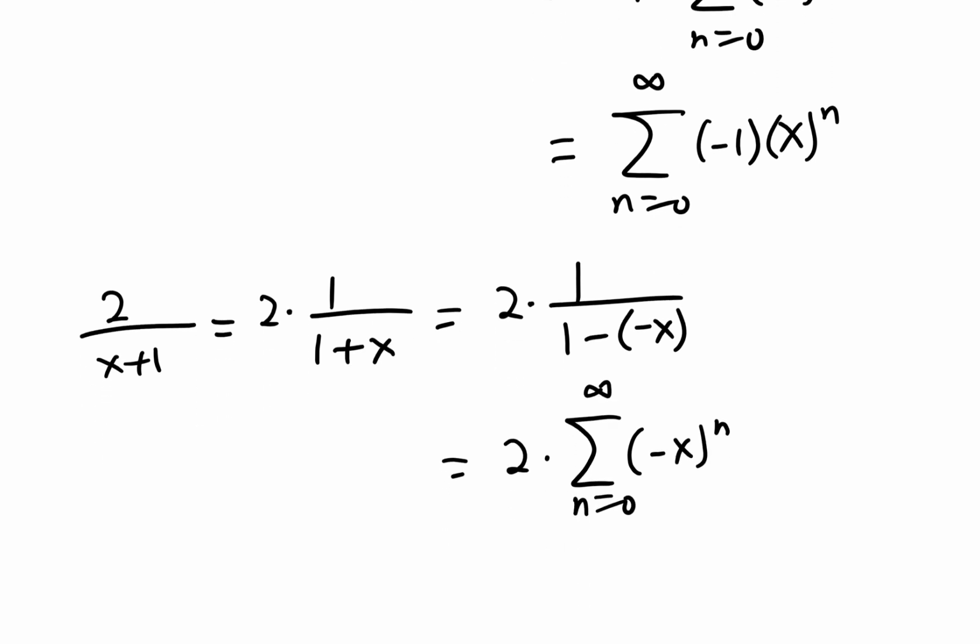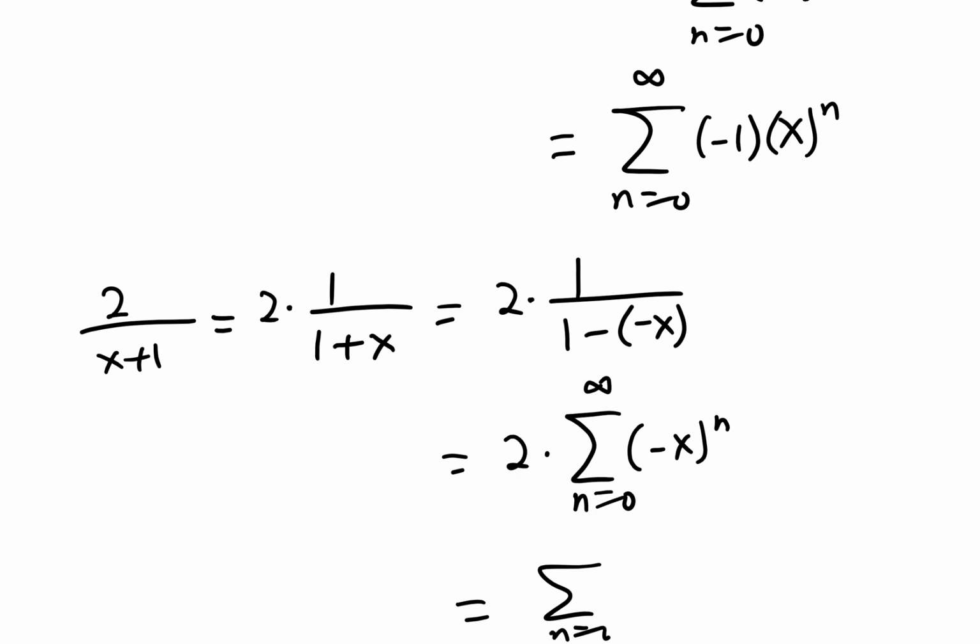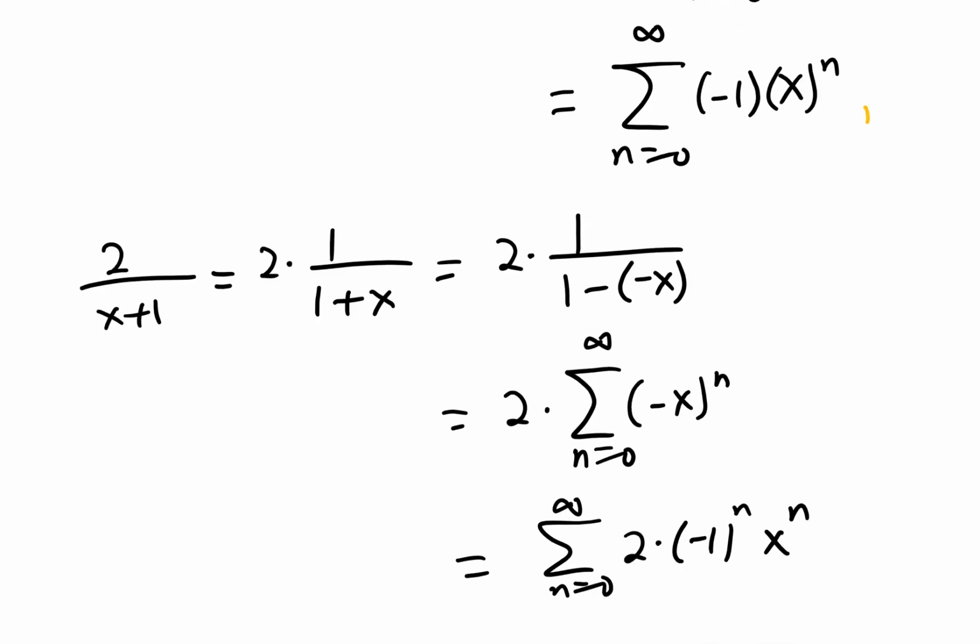And then just move the 2 in. 2 times negative 1 to an n, x to an n. So here what we have for the first one, the r was x. So then you can tell absolute value of r less than 1 for the interval, so absolute value of x less than 1, so it's going to be negative 1 to 1 for the first one.